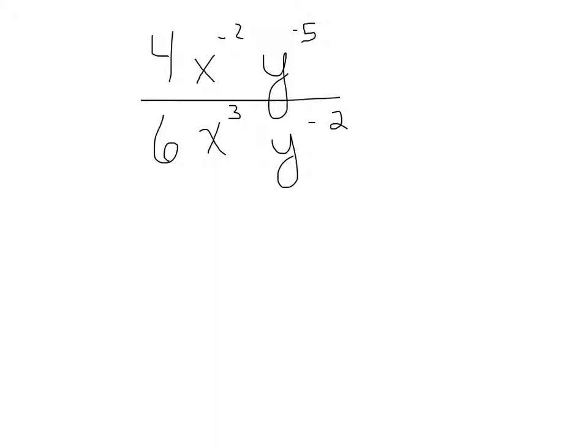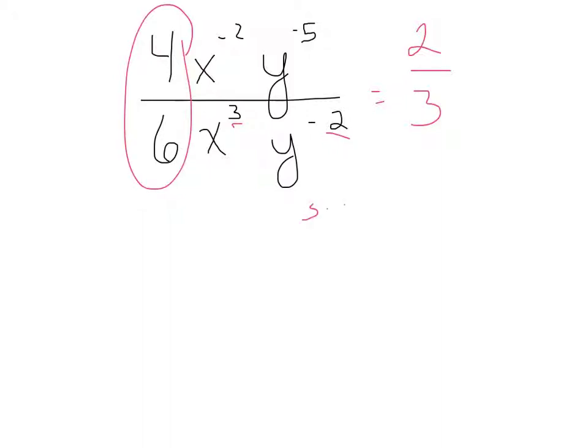So now what would we do with a problem like this? Well, there are actually 2 methods to do this problem. What I'll do is start by using the higher of the 2 exponents, which in the case of the x's is the 3, and in the case of the y's is the negative 2. So I'll reduce the 4 over 6, I'll make that 2 over 3, and then since the x's have a higher exponent in the denominator, I'm going to take 3 minus negative 2.